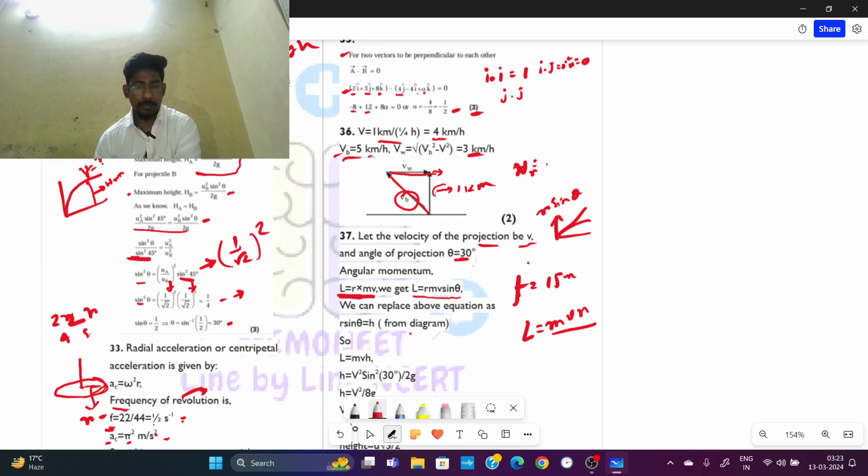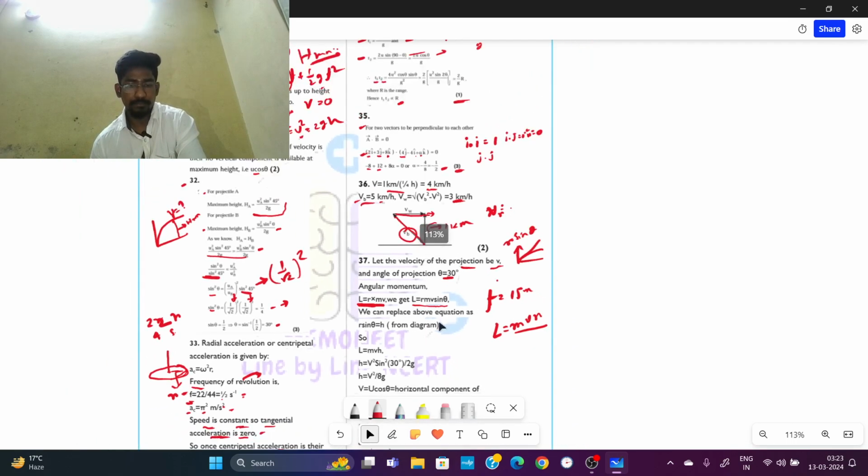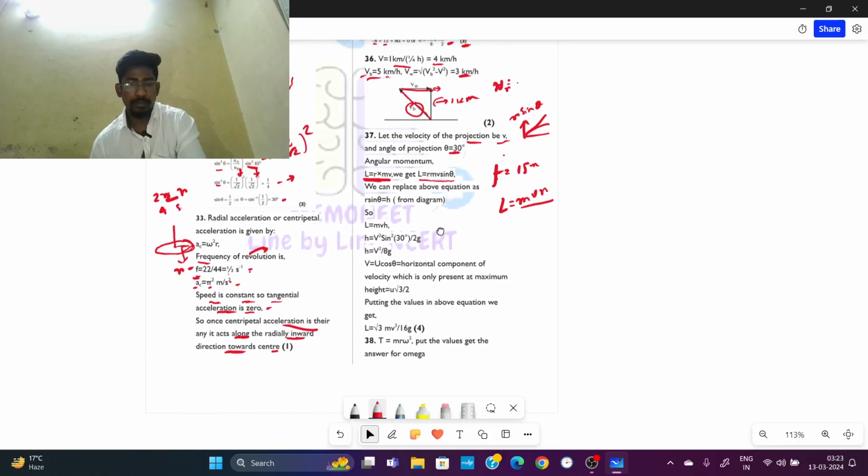So we can say r sine theta, right? So r sine theta is nothing but the maximum height the projectile can reach.